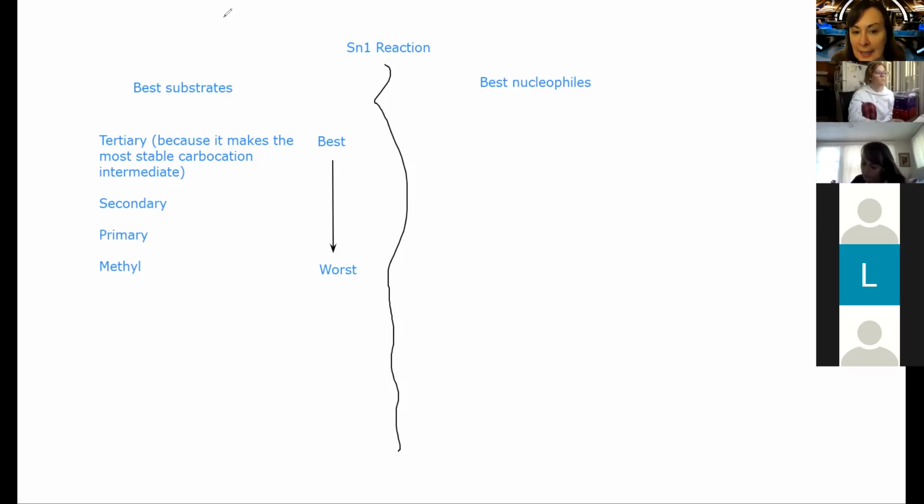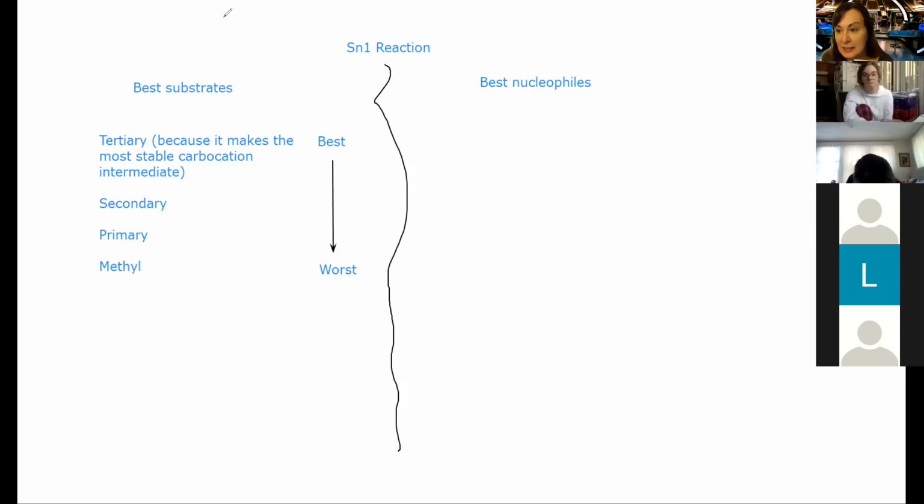Now, does anybody have their worksheet around that we were filling up last time with the SN1 and SN2 reactions? Does anybody want to tell me what other information might we want to put in here? The leaving group reactivity.